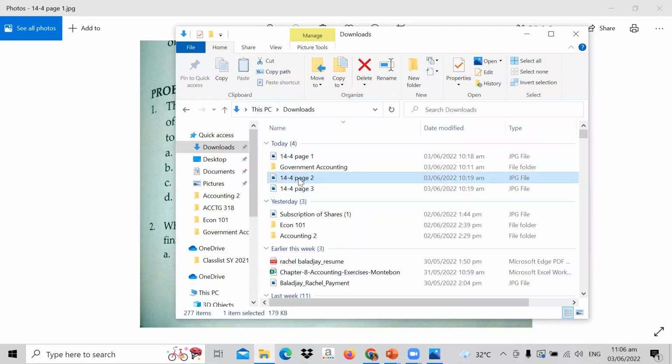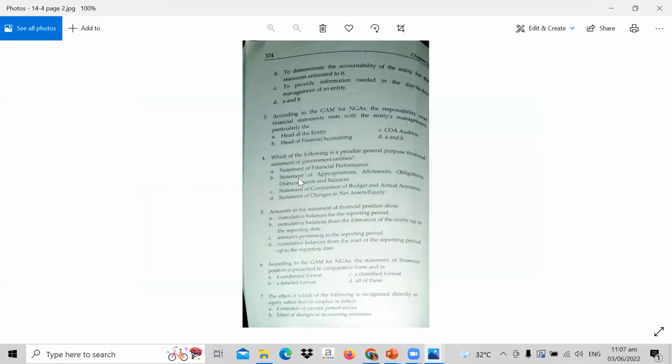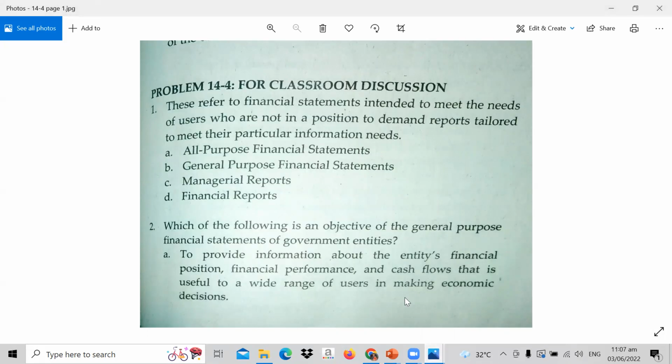Our answer to this one is letter D, A and B. It means a general purpose financial statement's objective is to provide information about the entity's financial position, financial performance, and cash flow that is useful to a wide range of users in making economic decisions.